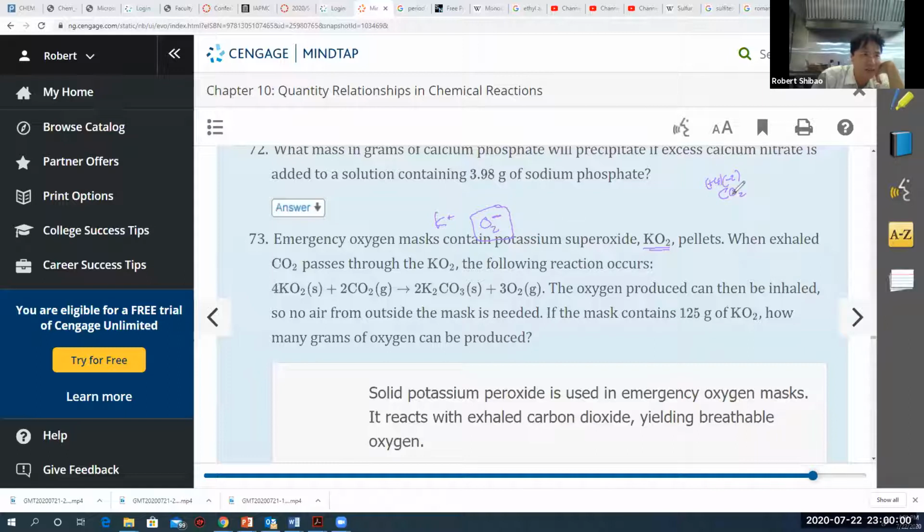So normally I think of CO2 as an oxidizer, but in this case, CO2 is a reducer, because this one's going to be a more powerful oxidizer that's going to come on and try to take the electrons from the oxygen. And it's going to do it successfully because superoxide is a pretty good oxidizer. You know, way better than, let's say, oxygen gas.